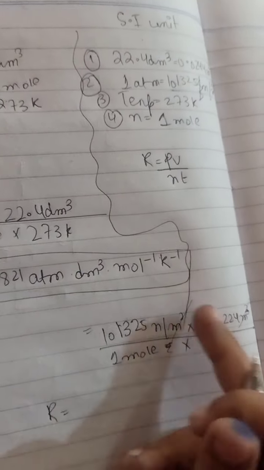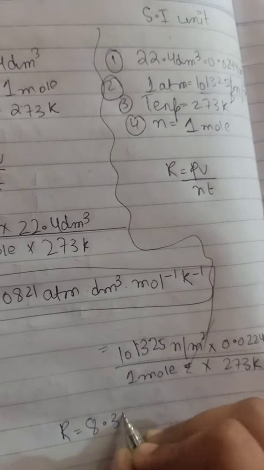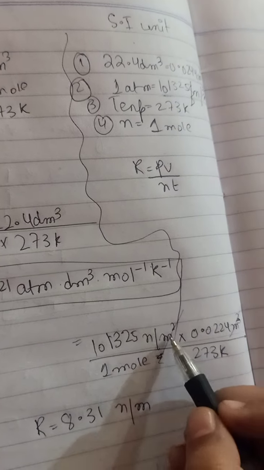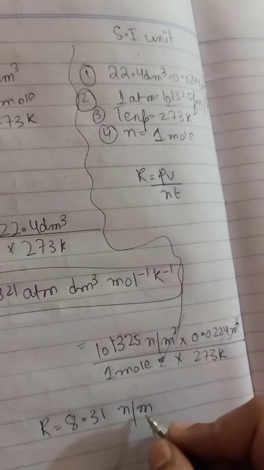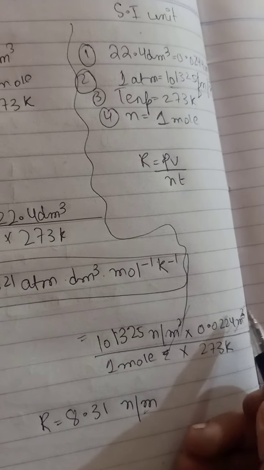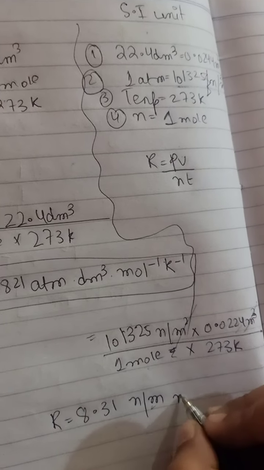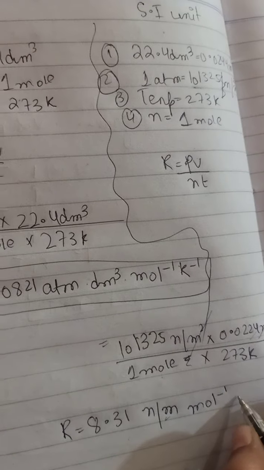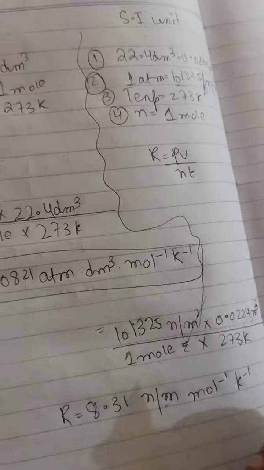After multiplying and dividing, the answer will be 8.31 Newton meter. Why? Because Newton is remaining and 1 meter is remaining, since we have cancelled the meter square and meter cube. Now mole and Kelvin are remaining, so we write mole to the power minus 1 and K to the power minus 1, because they move upward and become negative.